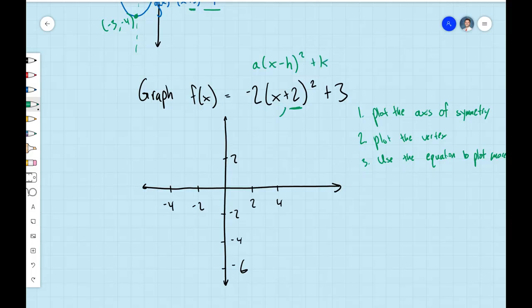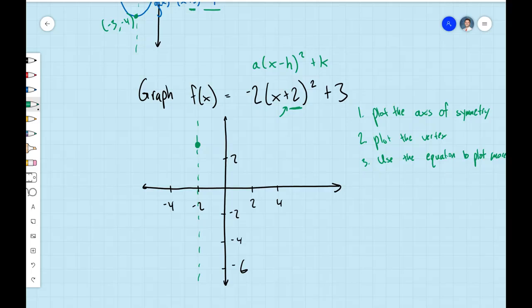So when we have addition here, that means h is actually a negative value. So our axis of symmetry is going to be at negative 2. Then we can go ahead and plot our vertex. We know that our vertex is at (h, k), so that means negative 2, 3. So there's our vertex.